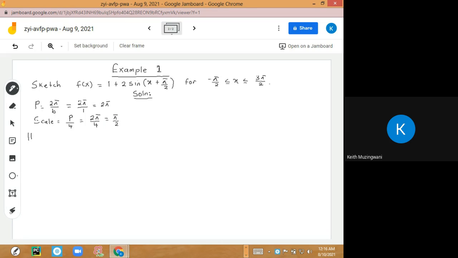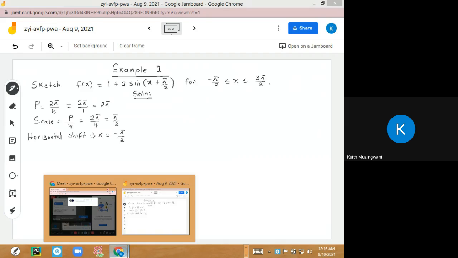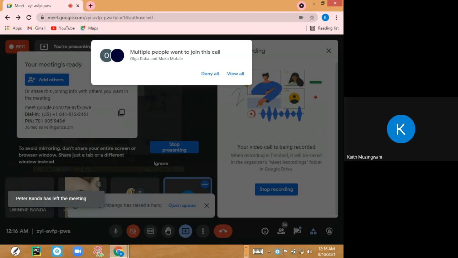Then you get the horizontal shift, which we call the phase shift. It's the same thing. In this case, it is x is equal to negative pi over 2, because you equate what is in the brackets to 0 and solve for x.